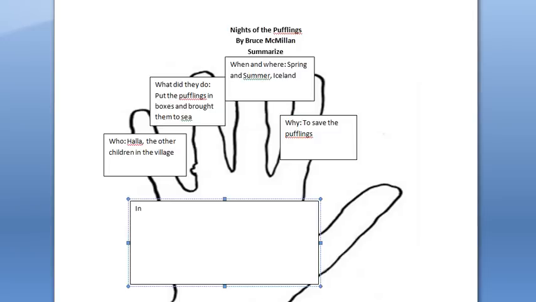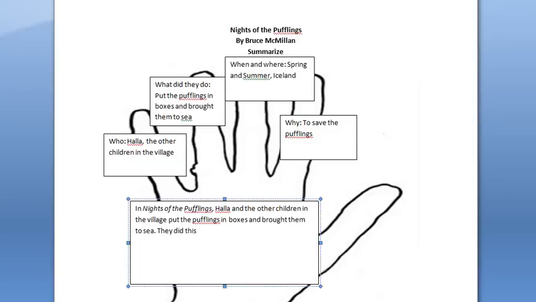In Knights of the Pufflings. I'm writing italics because it is the title of the story. Halla and the other children in the village put the Pufflings in boxes and brought them to sea.